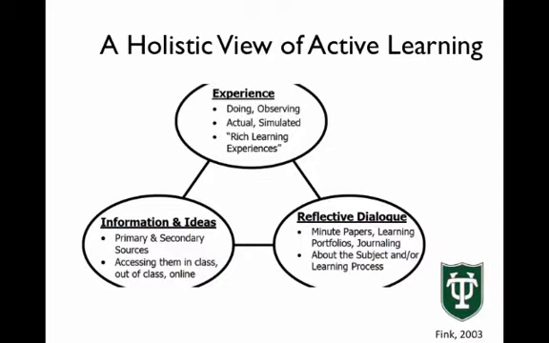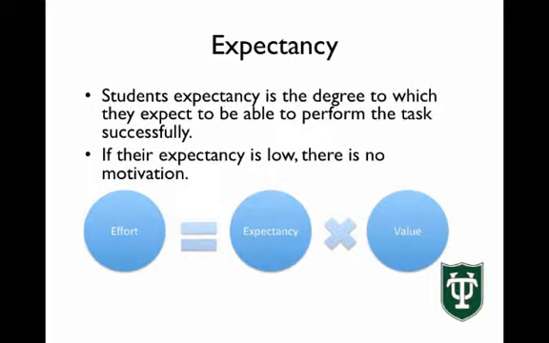So if the expectancy is low, there is no motivation. So obviously, if I don't believe that I can do something, probably I will not do it. So if you look again at this equation, effort equals expectancy multiplied by value, so I will not invest any effort if my expectancy is very, very low.